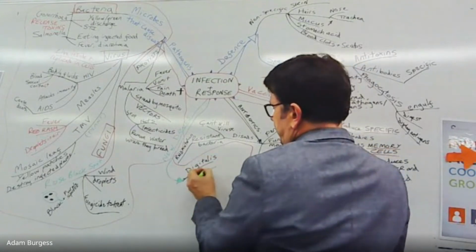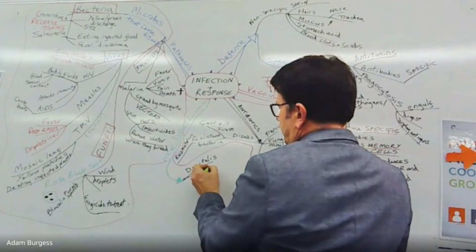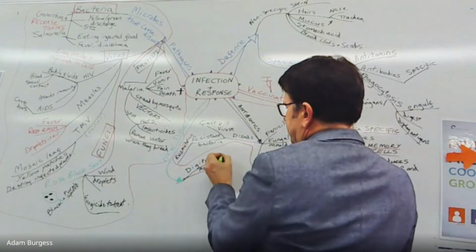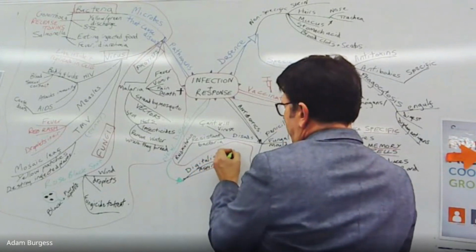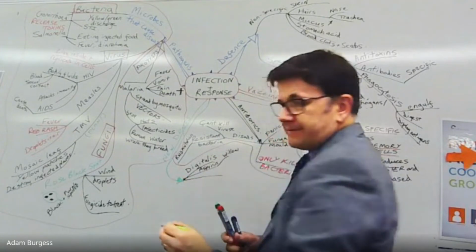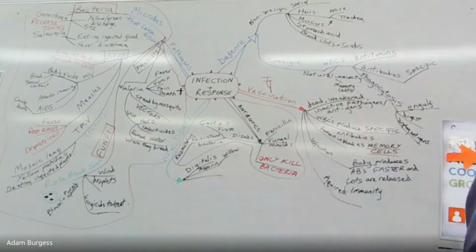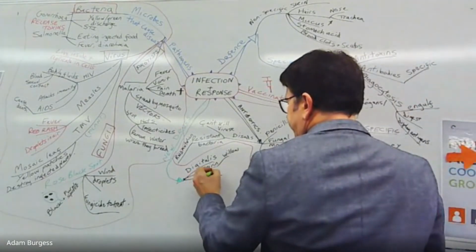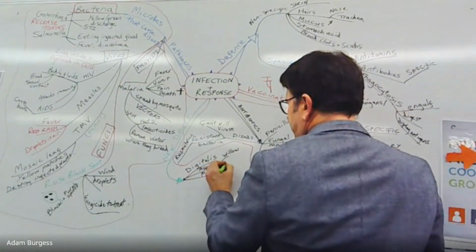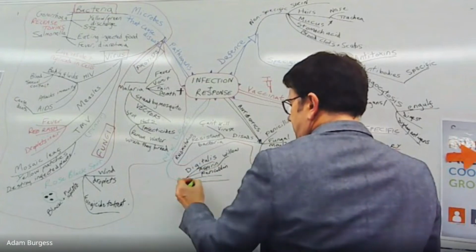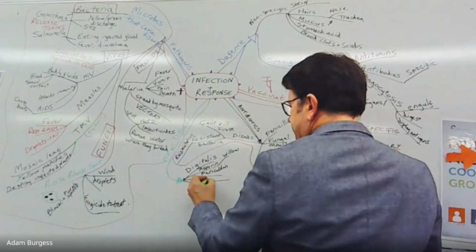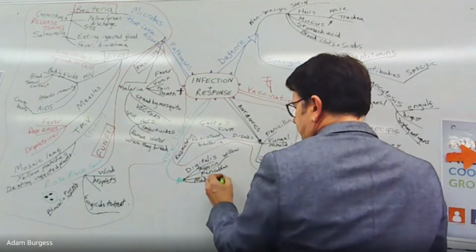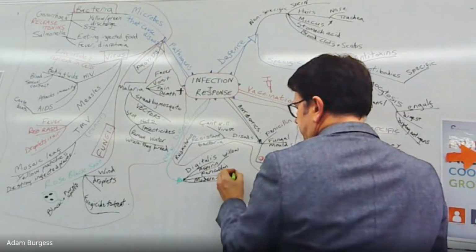You can have aspirin, which is from willow trees. What else can you have? Penicillin. So they all originate from plants, but these days, modern ones are synthesized in a laboratory.